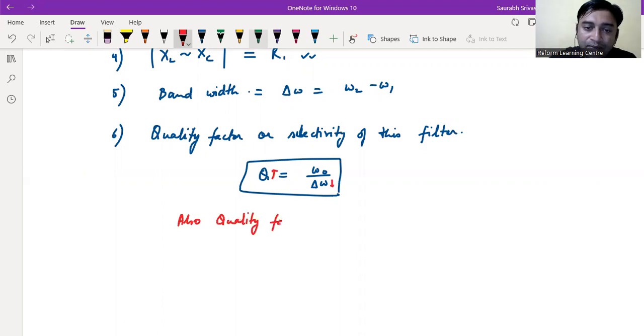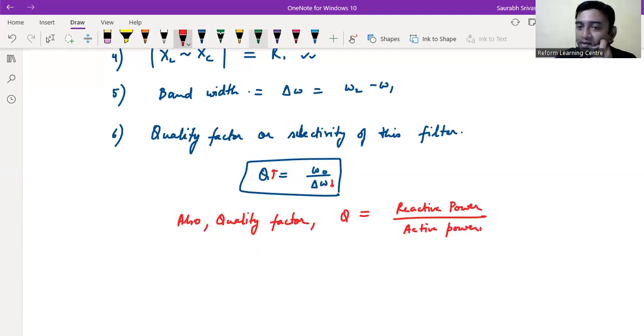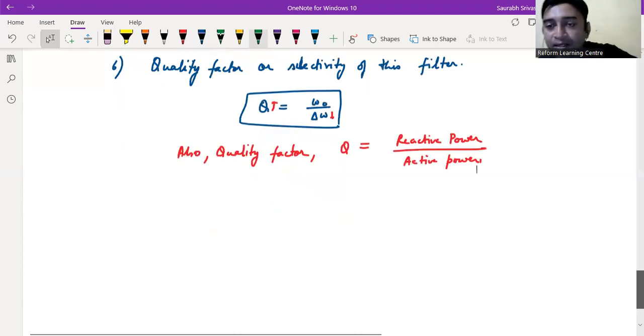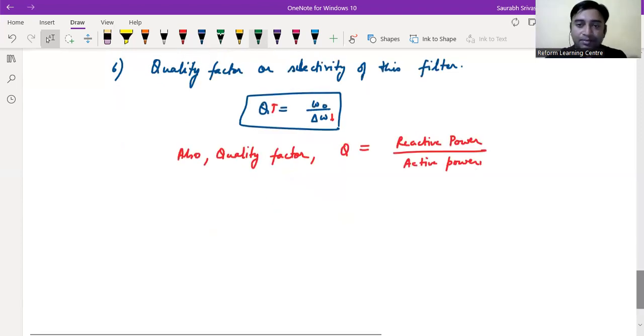Also, quality factor in literature can be defined as Q is equal to reactive power upon active power. It is power loss in resistance. Now, at resonance condition, reactive power across inductor and reactive power across capacitor is same.